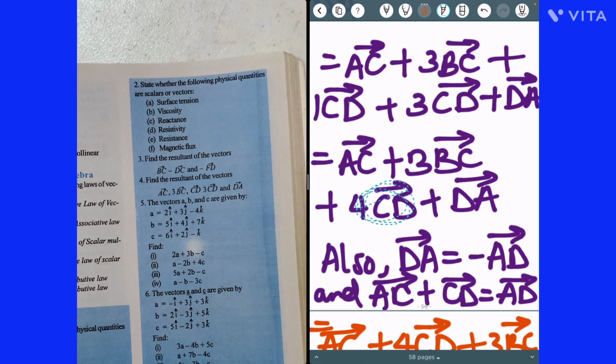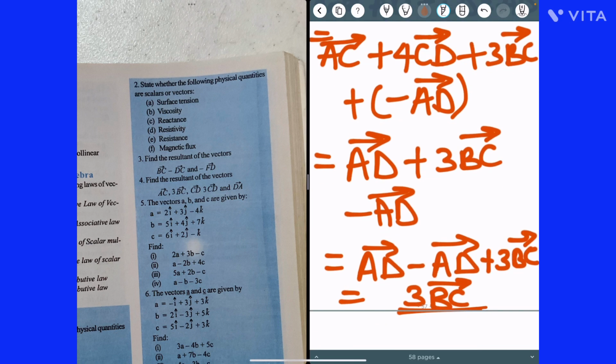CD. AC plus CD is meant to be what? AD. So I'll now rearrange. I'll bring CD to the front of AC. So I have AC plus what? CD to give me AD.